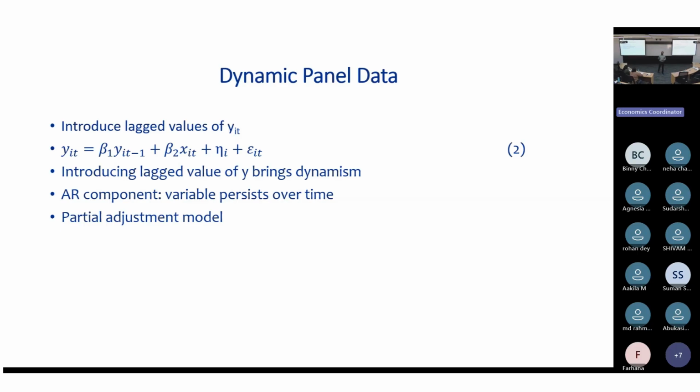But here it's a partial adjustment because the change in y_t evolves over a period of time. So the adjustment to the realized value today, y_it, is something that evolves over a period of time. That is the reason why we call this a partial adjustment model.